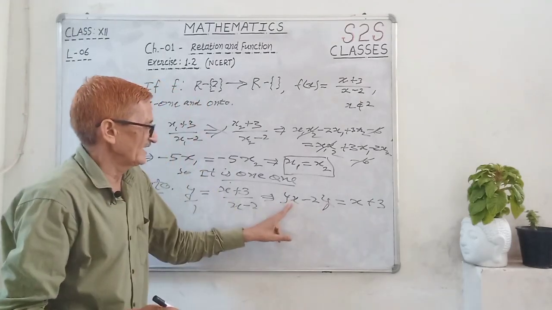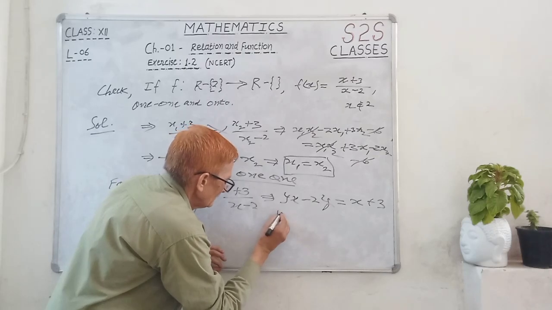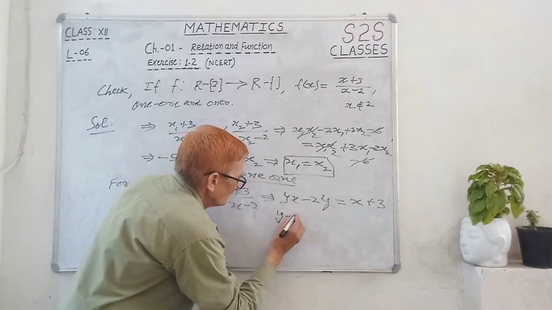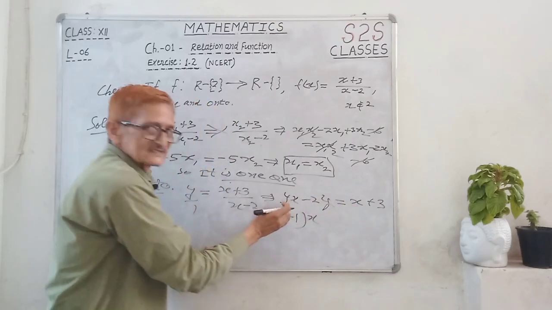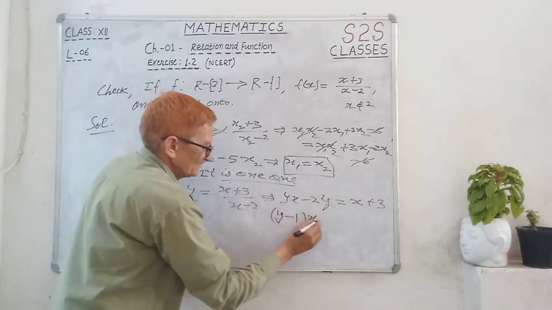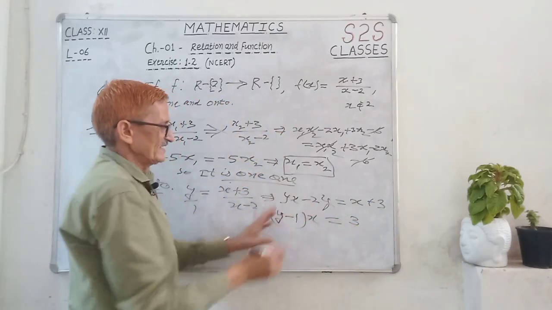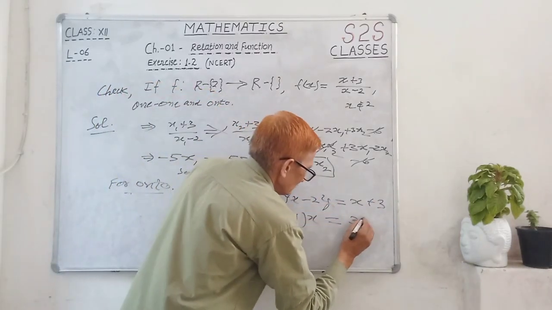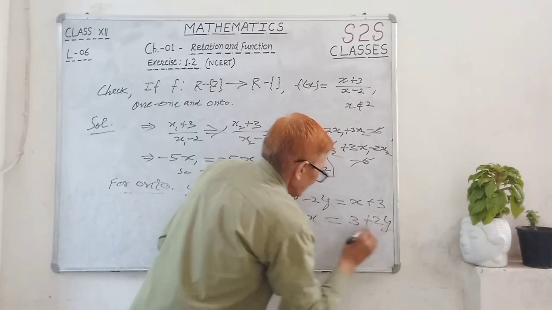Then x take one side, to take this side x, then yx minus x, x common, (y minus 1) is equal to 3 and minus 2y will go plus 2y, 3 plus 2y.